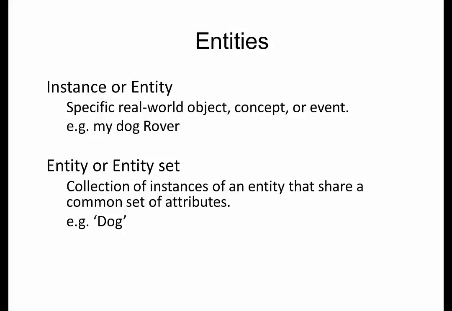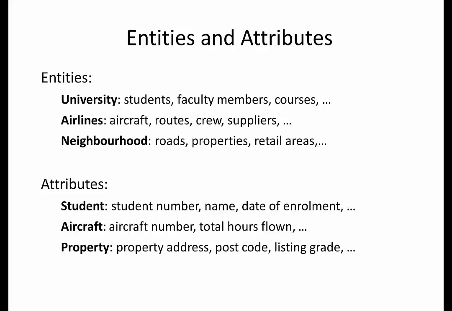So basically, this is the class dog. This is the specific instances of dog. Just bear in mind that sometimes the word entity will be used to represent an individual instance, and sometimes it will be used for the class. I tend to use it for the class, and instance for the individual instance.